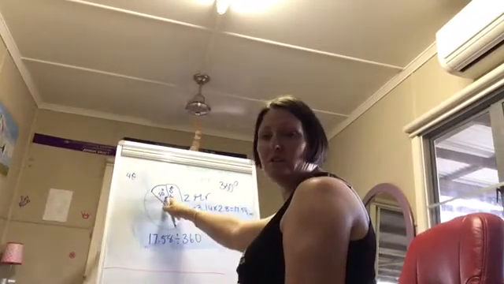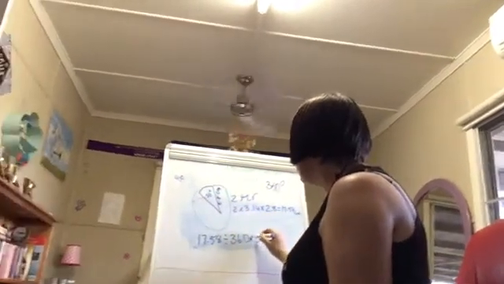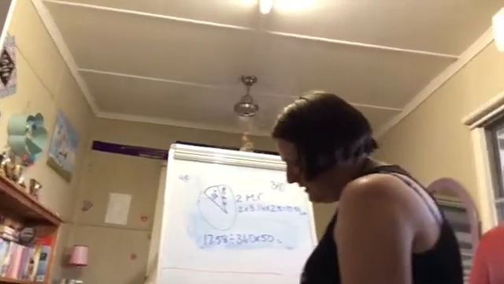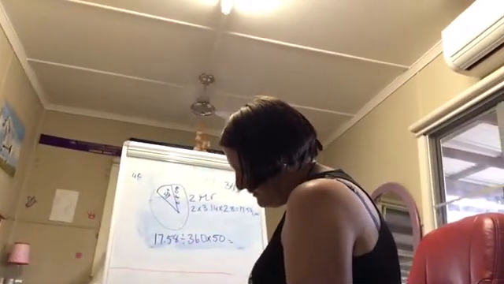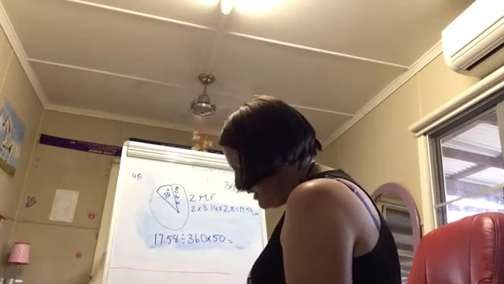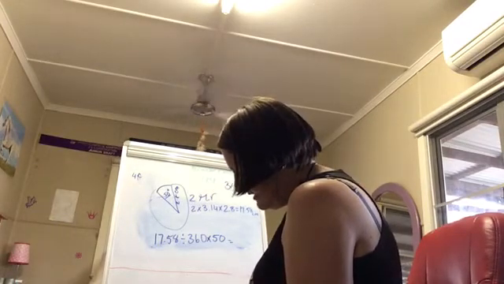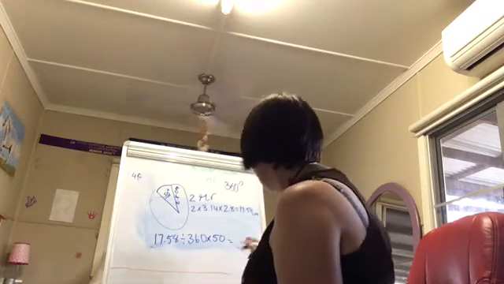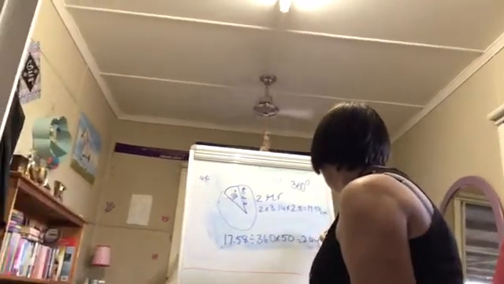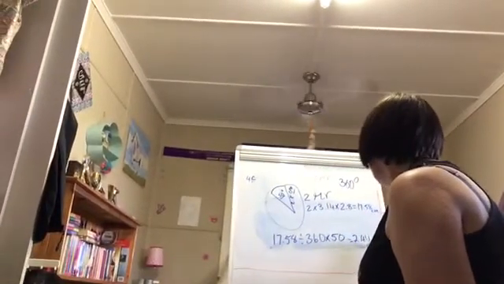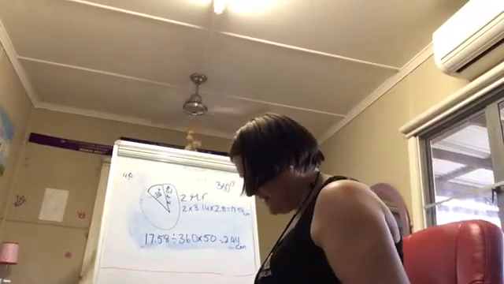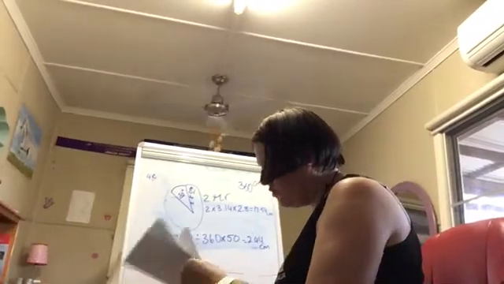But then I want to find out what 50 are worth altogether, so I multiply it by 50. 17.58 divided by 360 multiplied by 50 is 2.44, and this one is centimetres. Okay, so that is 4C.